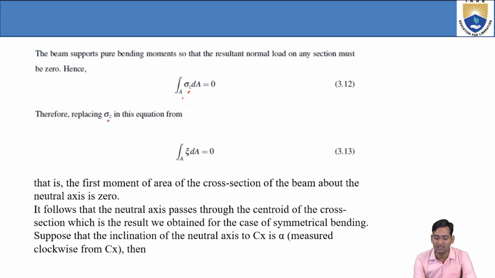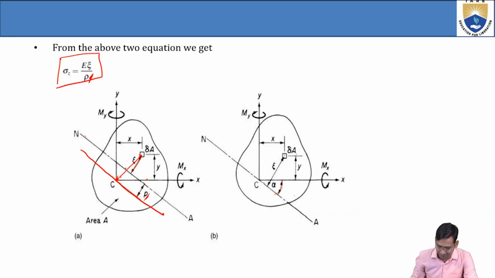Therefore, replacing sigma z in this equation, sigma z equals E into zeta by rho.